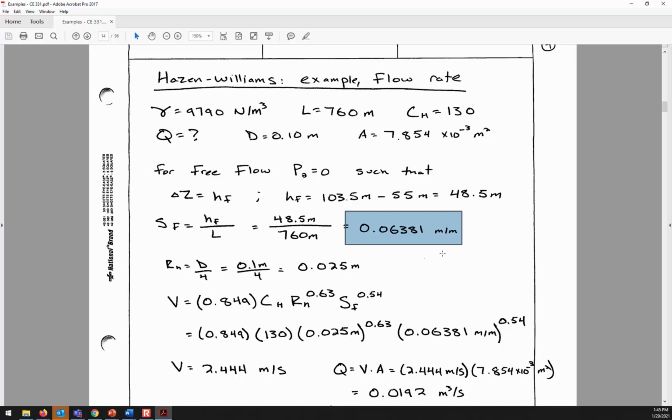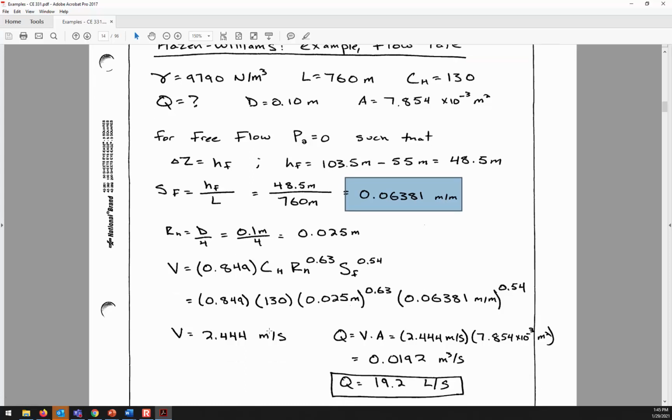The hydraulic radius of a circular pipe that's flowing full is D divided by 4. And now put all of that into the Hazen-Williams equation, and the velocity for the flow is 2.44 meters per second. And then if you multiply that by the cross-sectional area of the pipe, in this case we'll get 19.2 liters per second.